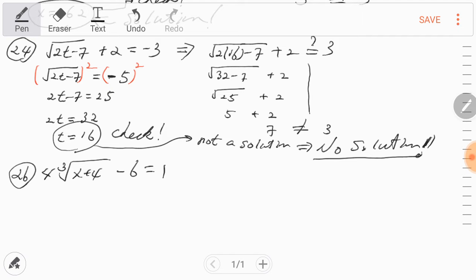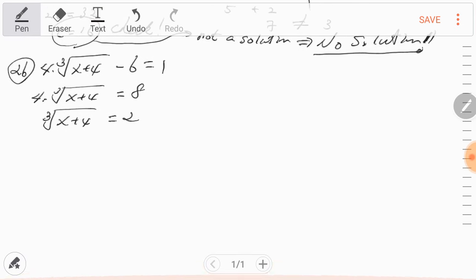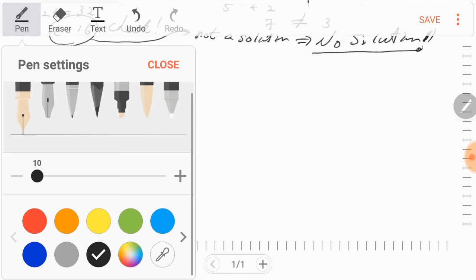Okay, next one is a cube root. Anyway, we've got to move this minus 6 to the other side. Then 4 times cube root of x plus 4 is equal to plus 7 on each side, then 8. And from here, we don't need this 4, so let's divide each side by 4. Then cube root of x plus 4 is 2. Okay, then why don't we cube each side?